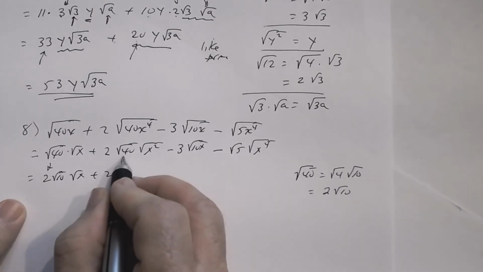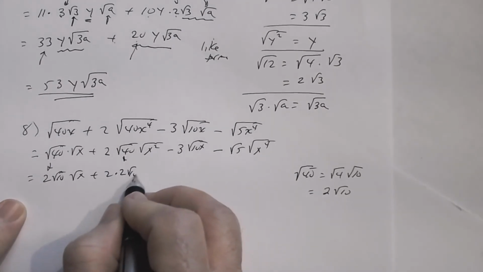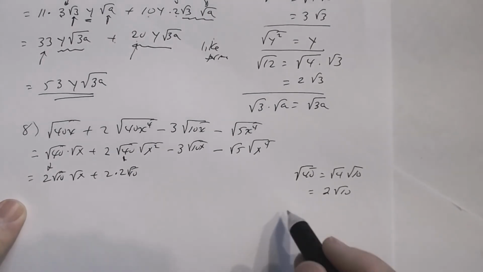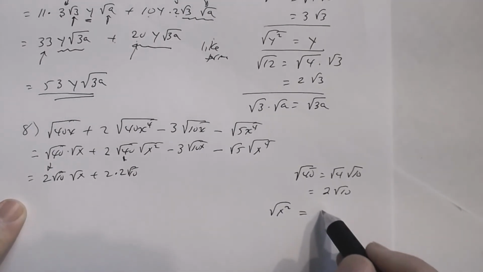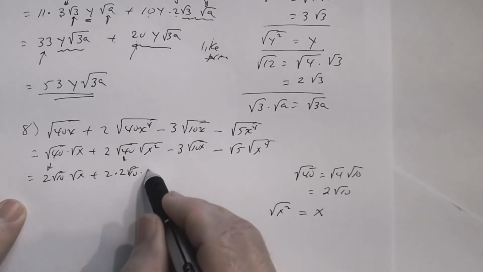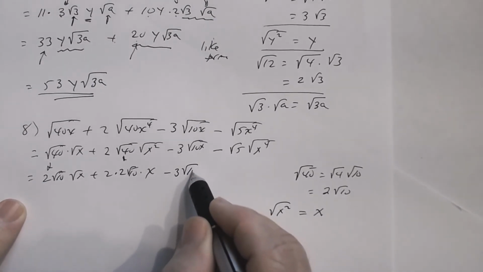Plus 2, I already talked about the square root of 40 already, so that's 2 times the square root of 10. And then remember the square root of x squared, I can simplify, and that's an easy kind because the exponent's even. So what times itself twice is x squared? X. So that's going to be times x right here. This I cannot simplify, so I'll just rewrite it.